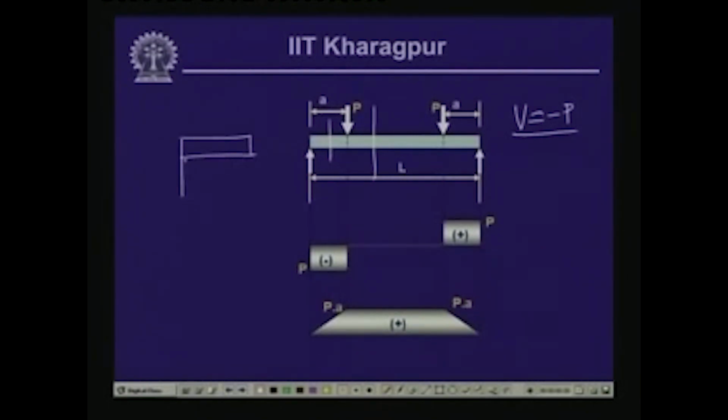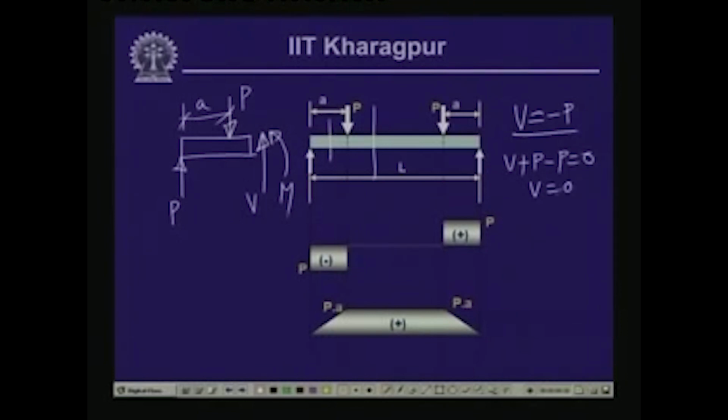Here we have the reactive force RA, which equals P. We have the load P, which is at a distance of A, and at this point we have the shear force and the bending moment as V and M. If we take the equilibrium of the vertical forces here, it gives us V plus the reactive force P minus the load P equals 0. So this gives us V equals 0. Wherever you take a section in segment 2, you get an identical free body, and hence from this point to this point the shear force equals 0.